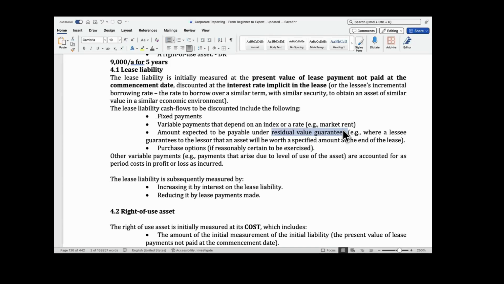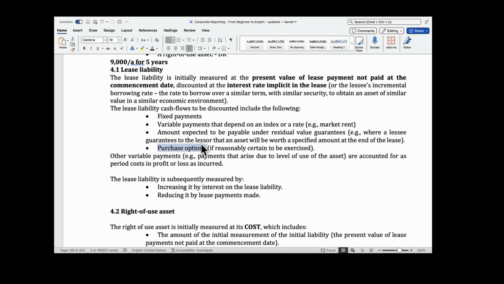And we'll consider it as part of his liability because he has to make it available either in asset value or in money. If the asset is not worth that anymore, you'll be required to drop money. And also, if the lessee has keyed into a purchase option whereby at the end of the lease term he will be willing to buy the assets of the lessor.